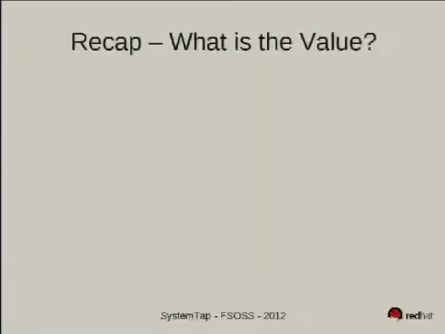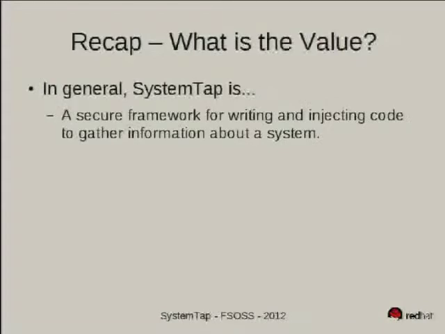So in general, in case you missed it, what's the value of having system tap around? It's a scripting language for gathering information about what's going on in your system. Compared to what it's doing underneath, namely writing a kernel module that gathers that information, this is much safer and simpler to accomplish using system tap.